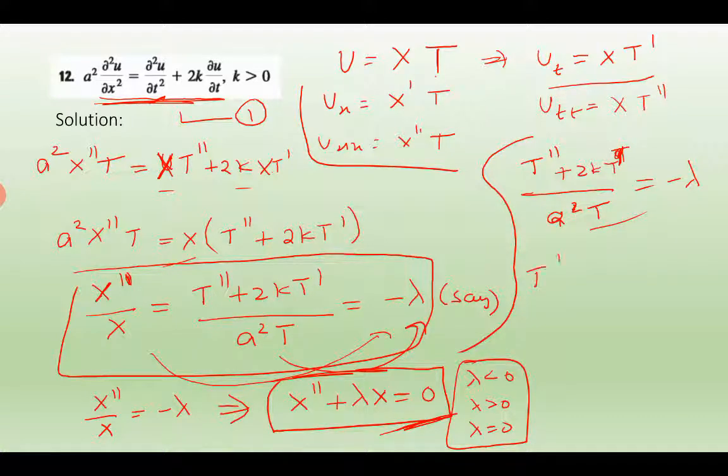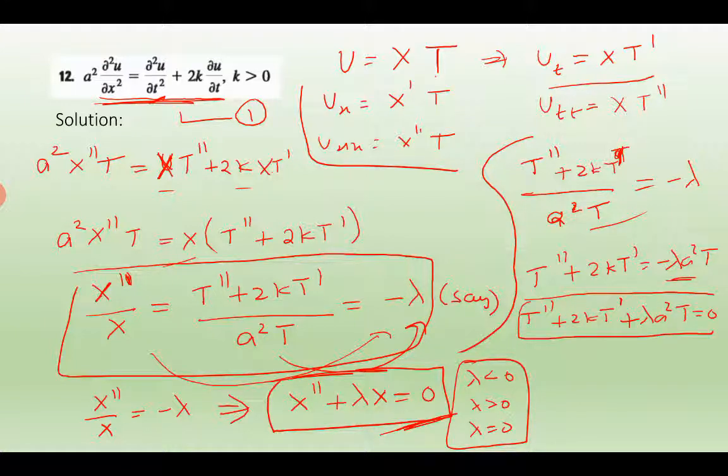Now multiplying the right side, T double prime plus 2k T prime is equal to negative lambda a square T. When you take this term to the left side, T double prime plus 2k T prime plus lambda a square T is equal to 0.